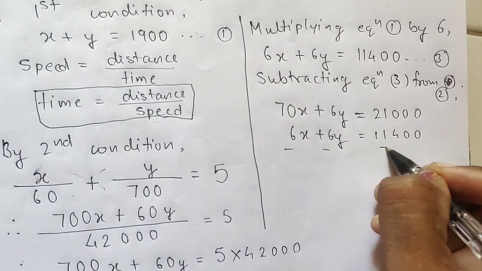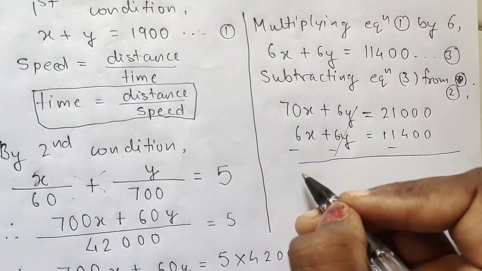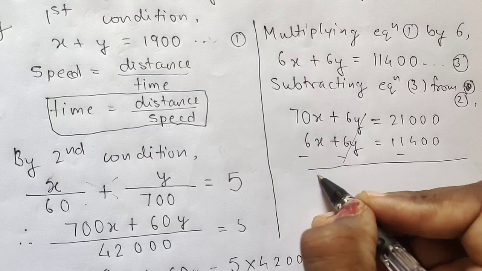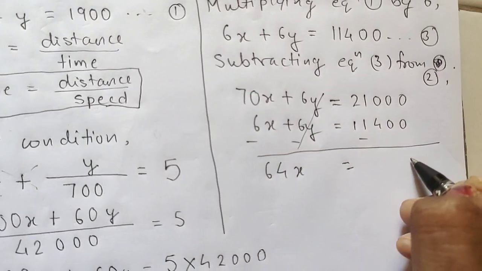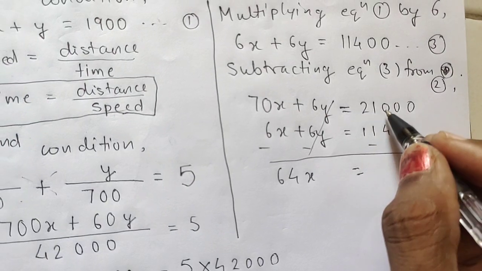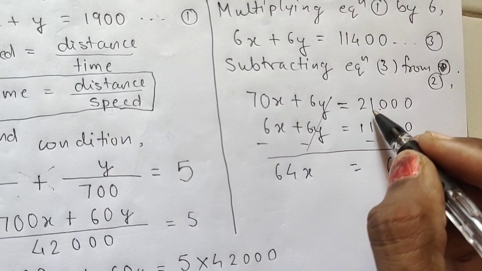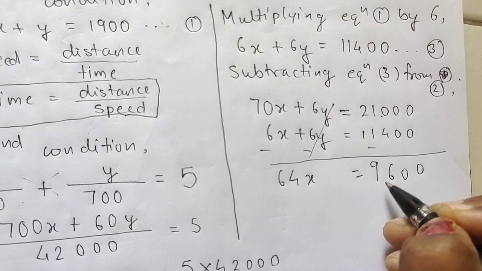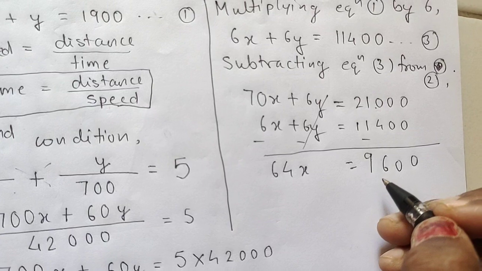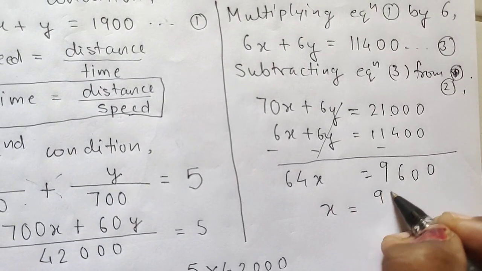Now subtraction. 6y minus 6y cancel. 70 minus 6 gives you 64. Now subtraction here. 0 minus 0 is 0. 10 minus 4 gives you 6. What is remaining here? 0. So that means 10. 10 minus 1 gives you 9. Right? So 9600.